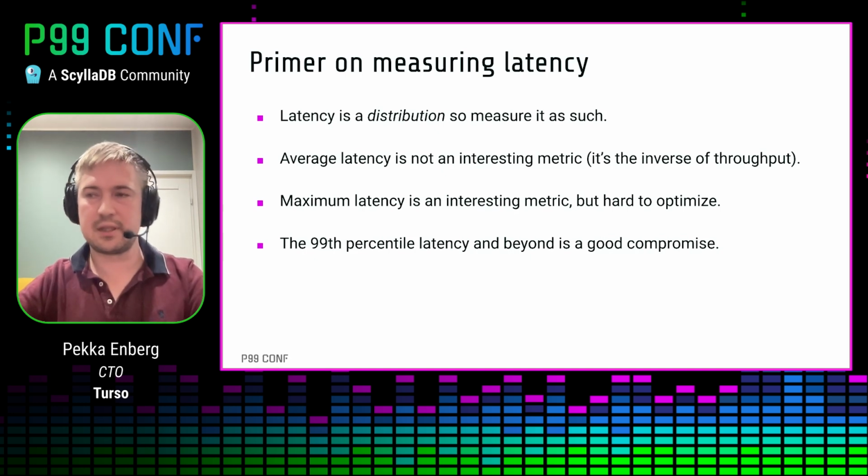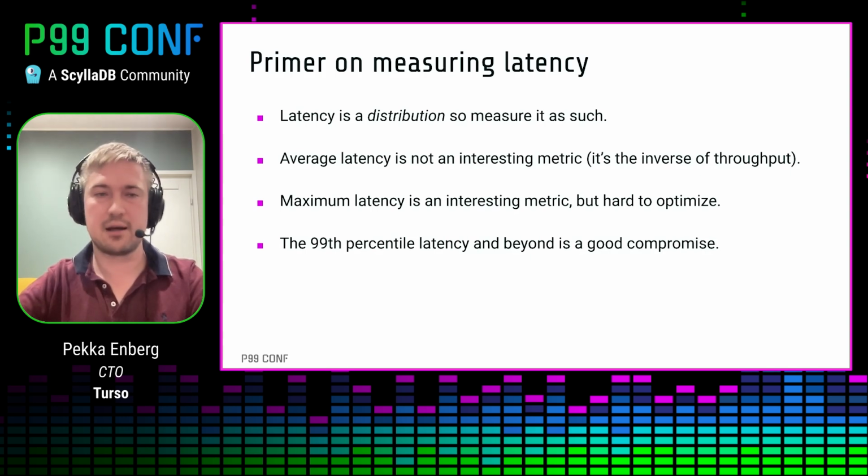If you think about how latency compounds and all the different components you have in the stack, maximum latency is telling you the worst possible latency outlier. So in practice, we tend to take something like the 99th percentile or the 99.99th percentile, and it's a good compromise.